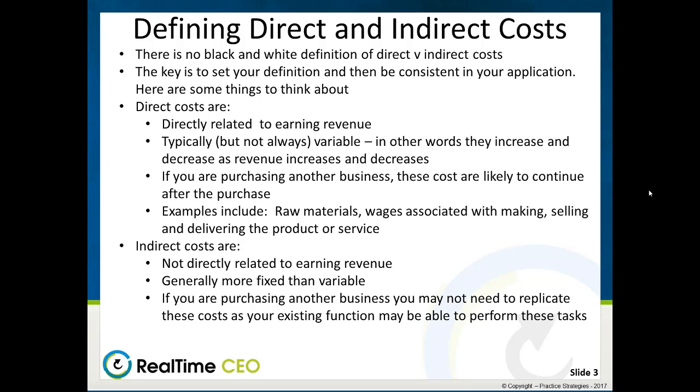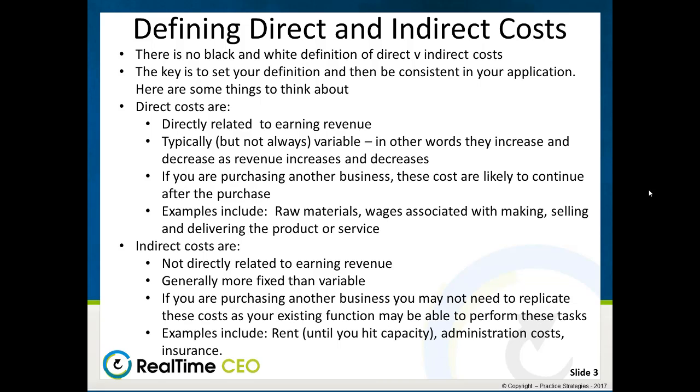Once again, if we utilize the other view of considering costs in a company that we're going to purchase, there may be a series of costs that you simply don't think that you need to replicate because you have existing functions that are going to be able to perform those tasks, whether they be administrative or accounting or receptionists. You have those resources currently and they have capacity to take on the responsibilities of the business that you're going to buy.